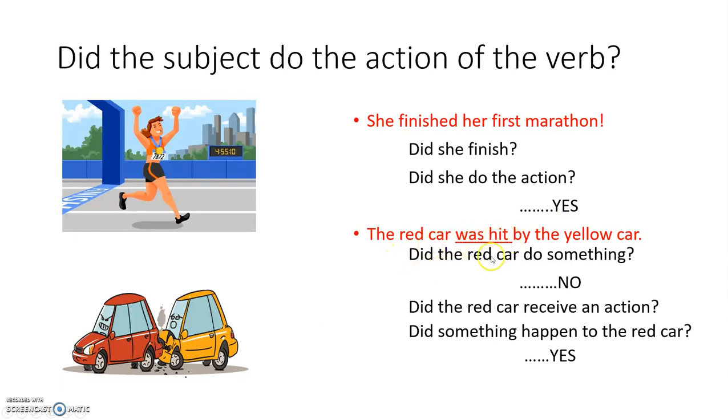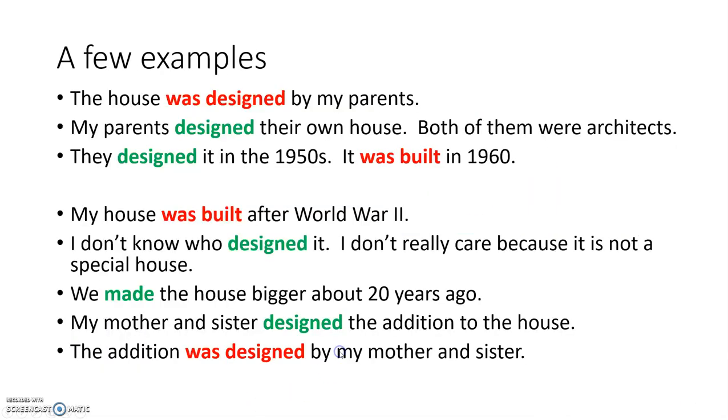The red car was hit by the yellow car. Did the red car do something? No. The red car is the subject, right? But it didn't do anything. Did the red car receive an action? Did something happen to the red car? Yes. That's why this is a passive sentence. You could also write the sentence this way. The yellow car hit the red car. And that would be active, like the ones at the top.